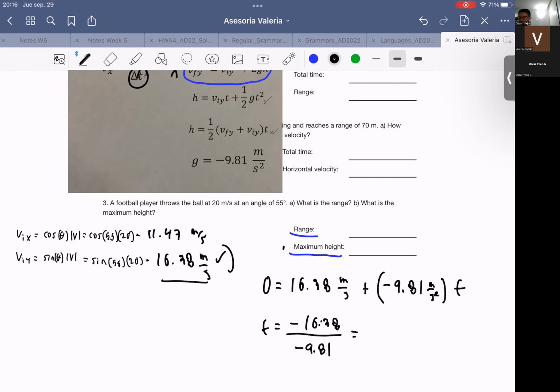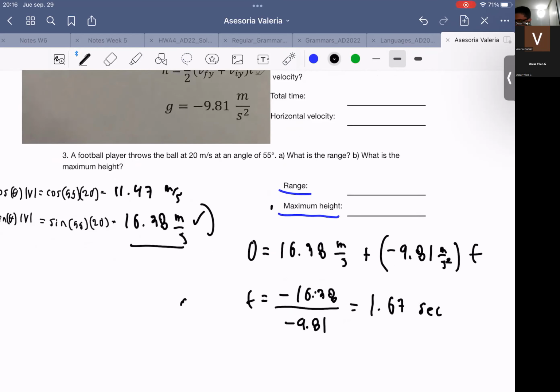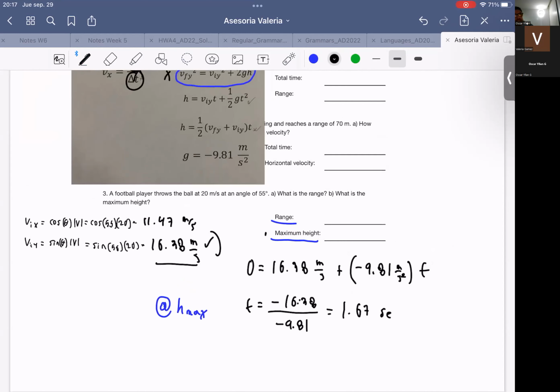You have your calculator with you? It's 1.67. Perfect. We have 1.67 seconds. That's the time when we are at our maximum height, right?